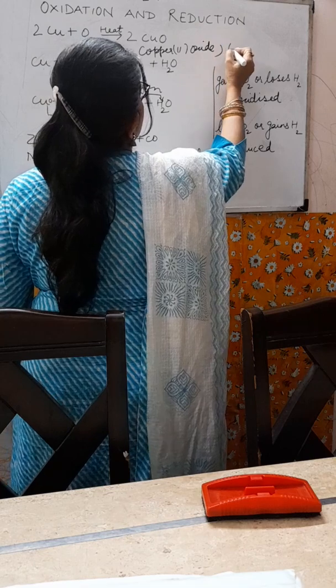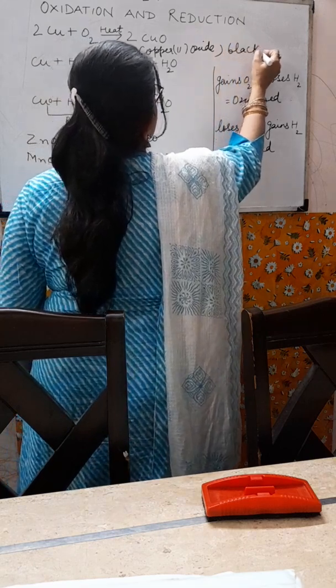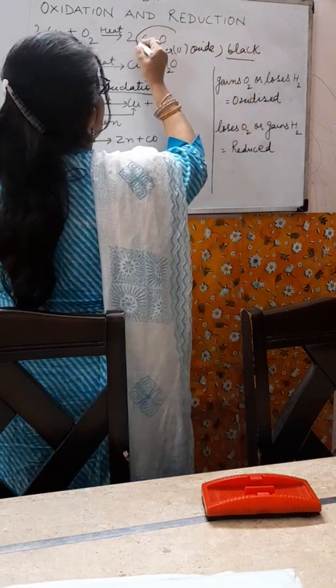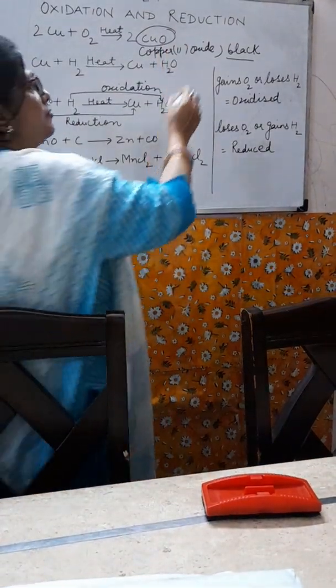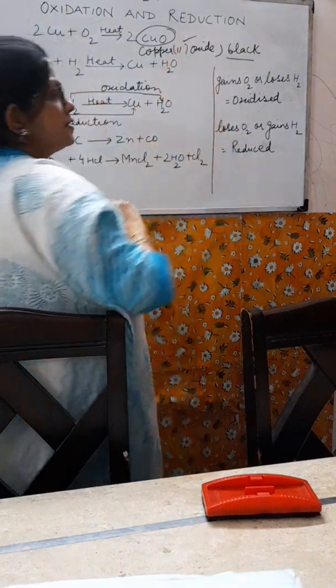The black color deposited is because of this copper oxide. Why does the surface of copper become black? Because of this copper oxide.